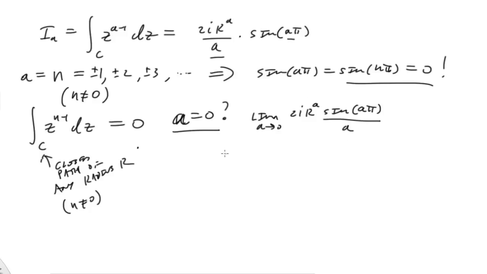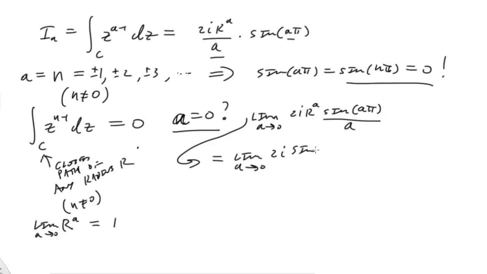The limit of r to the a as a goes to 0 is simply 1, so we don't need to bother with it. I can rewrite this as the limit as a goes to 0 of 2i sine a pi all over a.